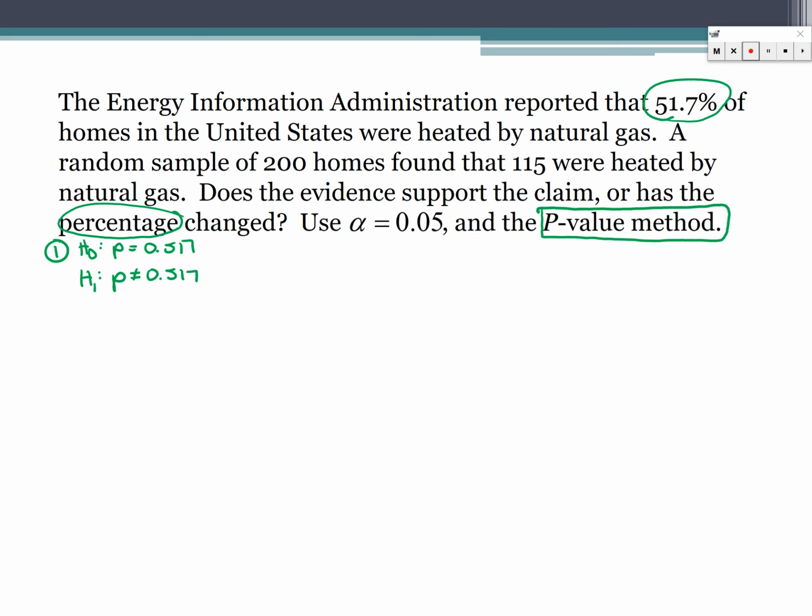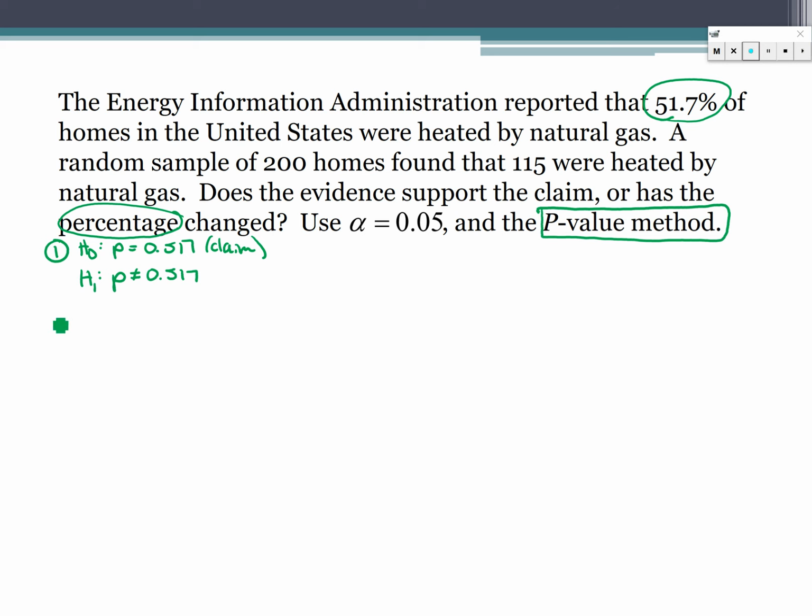So we're trying to claim that the percent is 51.7%. If it changed, the change part would be the alternative with the not equal, that it's something different. Remember, the not equal to just means it's something different. We don't know increase or decrease, just something different.